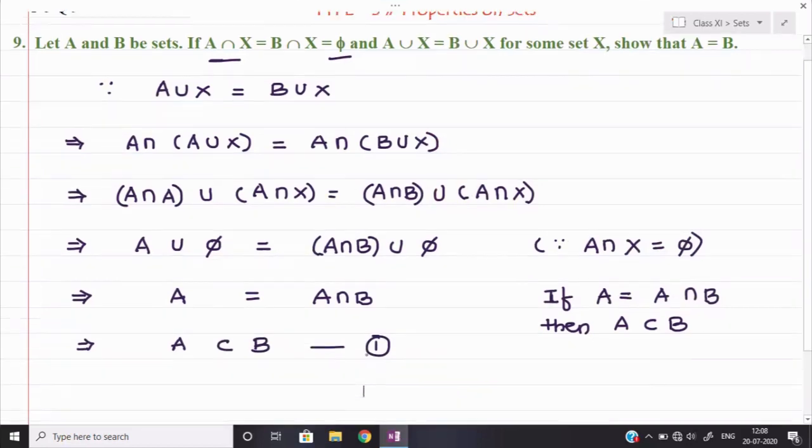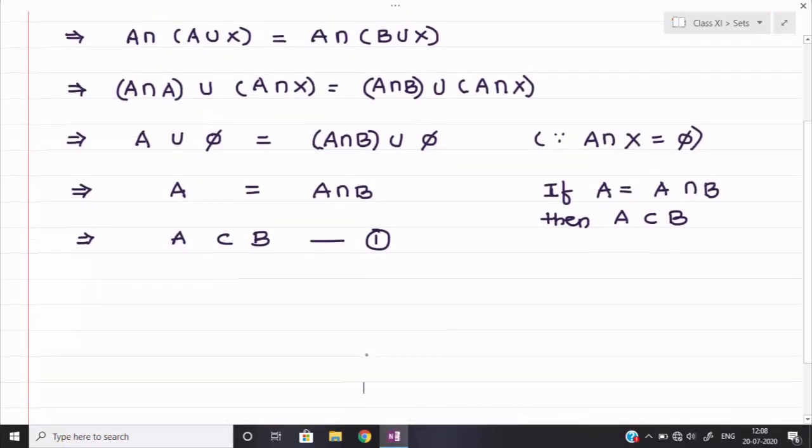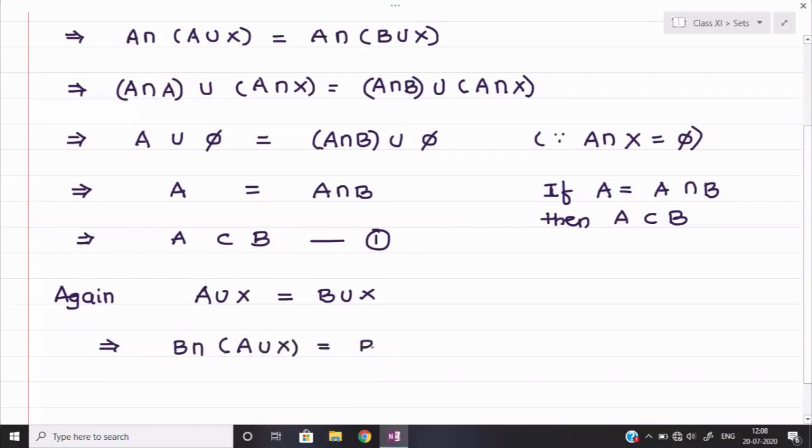Now once again I will take A union X is equal to B union X. But now instead of taking A intersection, I am taking B intersection this time. So B intersection A union X is equal to B intersection B union X.